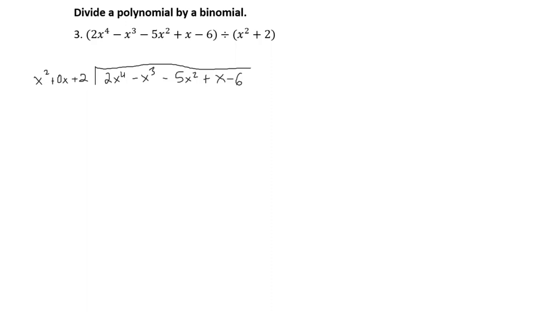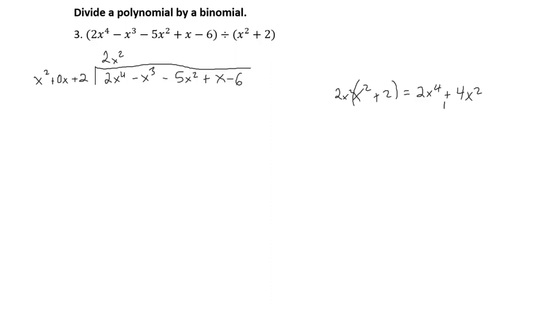Now I need to figure out what I need to multiply x squared by to turn it into 2x to the fourth. So I have my x squared plus 2 over here. And I need to multiply it by a 2x squared. Okay, that will give me a 2x to the fourth plus 4x squared.